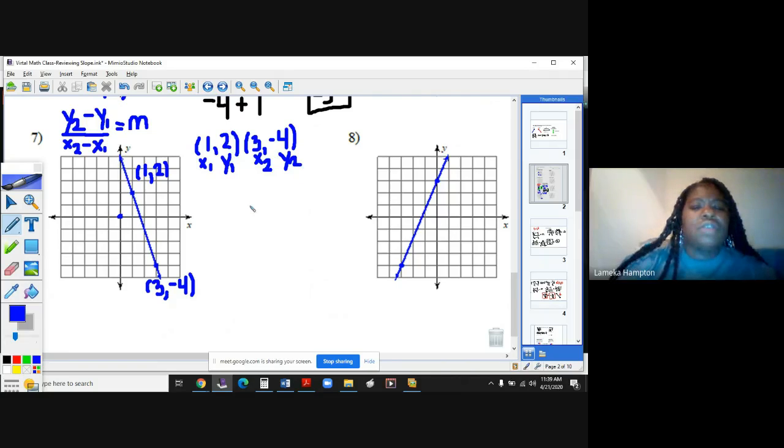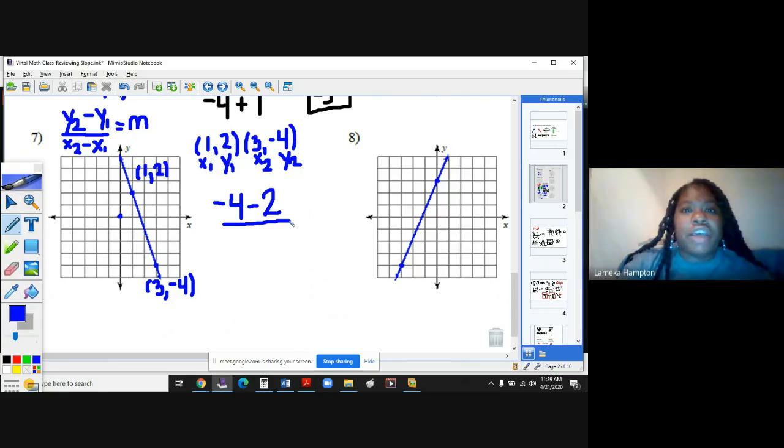All right. So now what I'm going to do is simply substitute my numbers in for the letters in the equation. So at the top, what do I have? If you said -4 - 2, then good for you. And that is going to be over what?